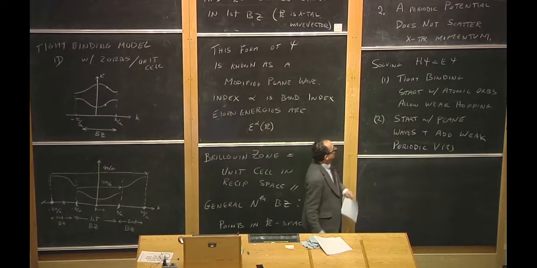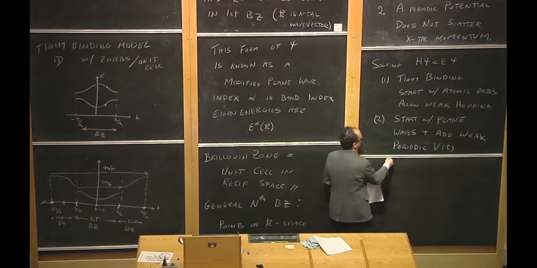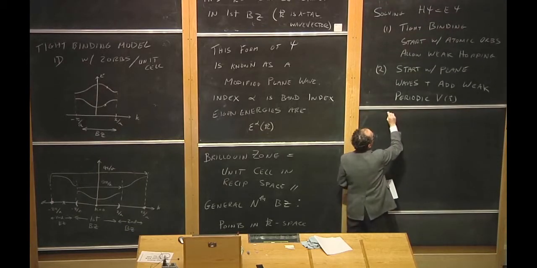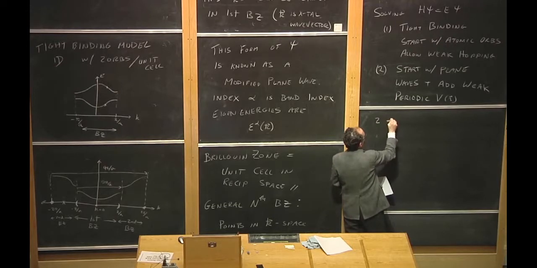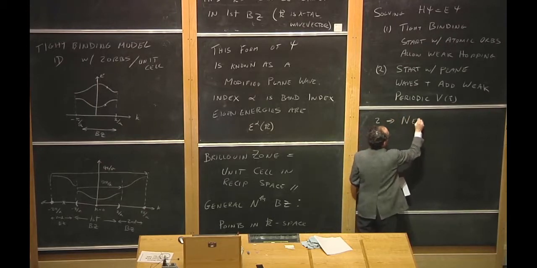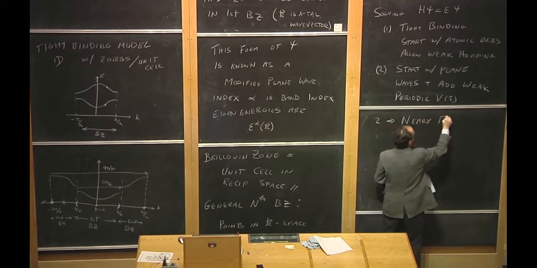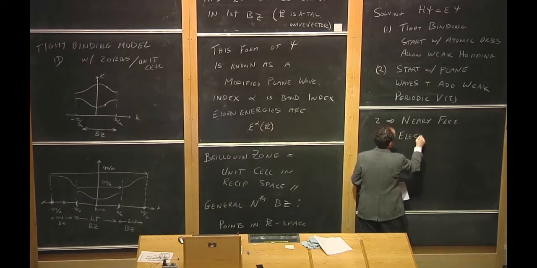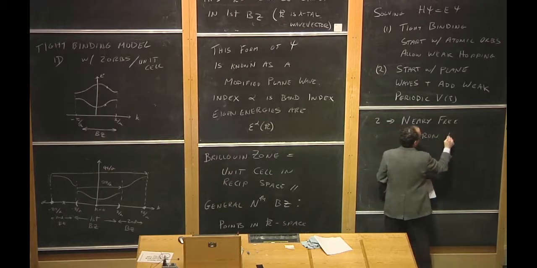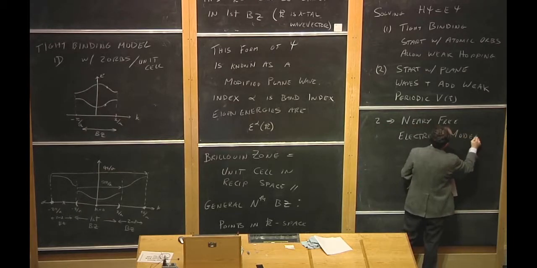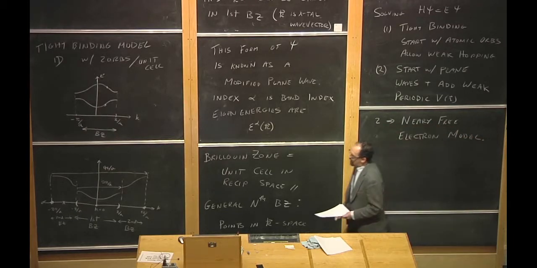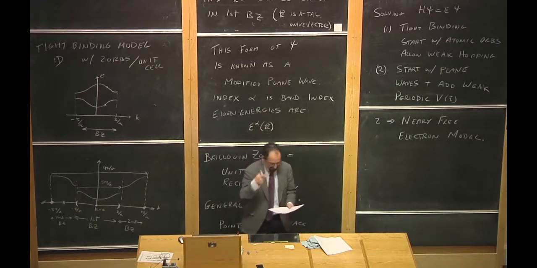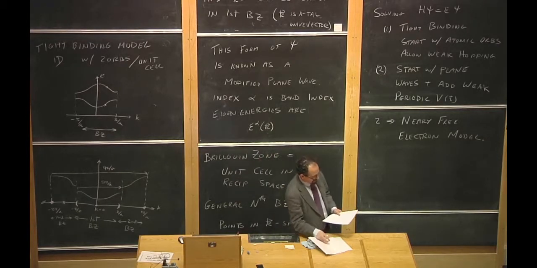So it's entirely the opposite way of looking at things. This approach, approach 2, is known as the nearly free electron model. And it's a very useful model for understanding a lot of the physics of semiconductors and band structure in solids.